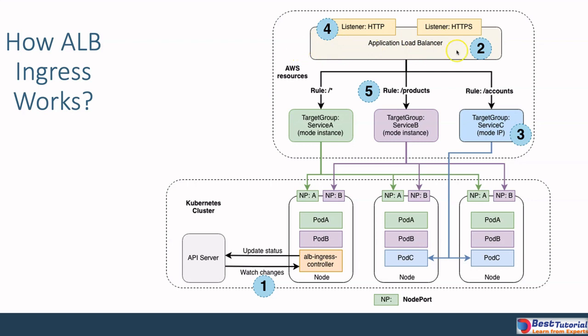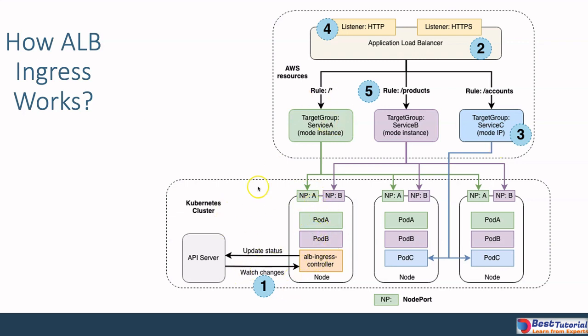Point number 3: target groups are created in AWS for each unique Kubernetes service described in the Ingress resource. Whatever application-related node port services you have defined in your manifest, those related resources are created, and along with those node port services, it is also going to create whatever pods you have defined, right?